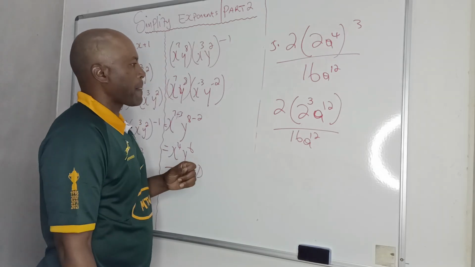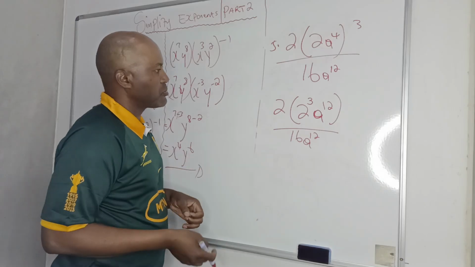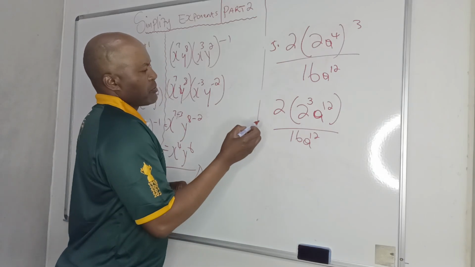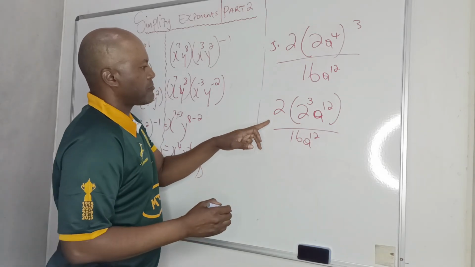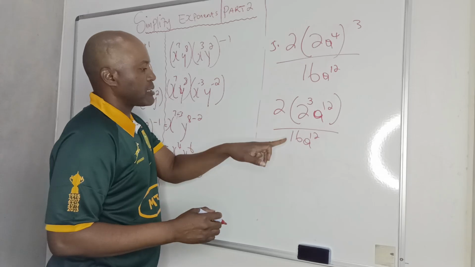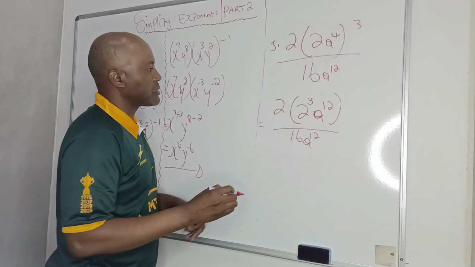Then what do you do? There are many ways to kill this cat. It's up to you which route you are taking. We can say, okay, 2 into 2 goes once, and 2 into 16 goes 8 times.